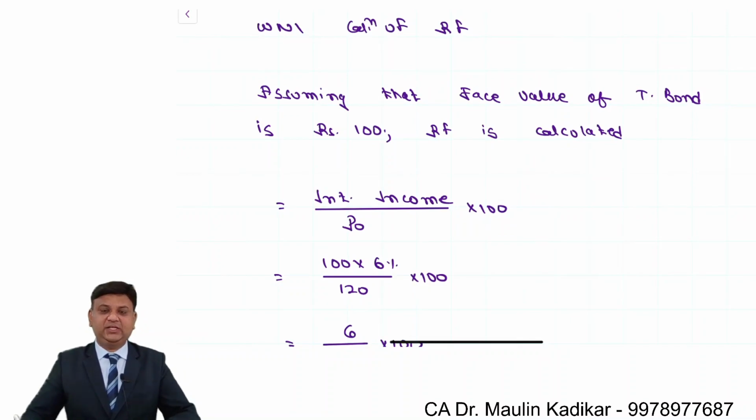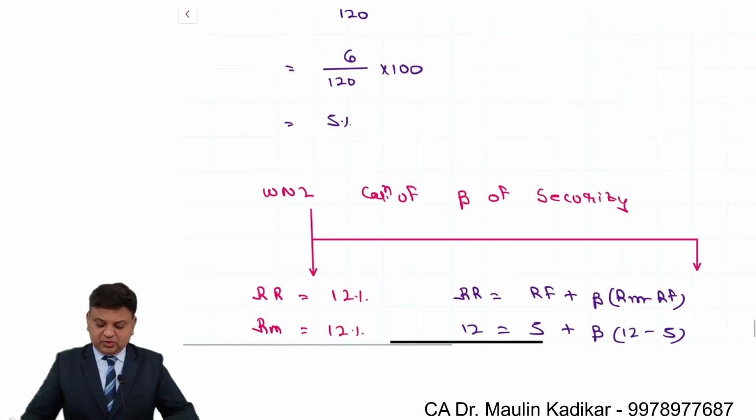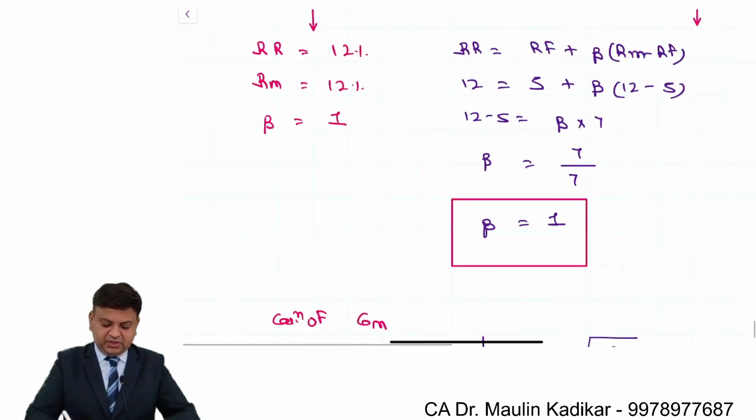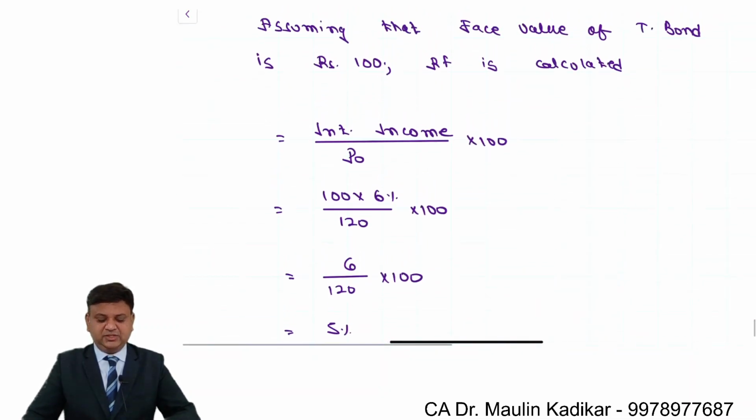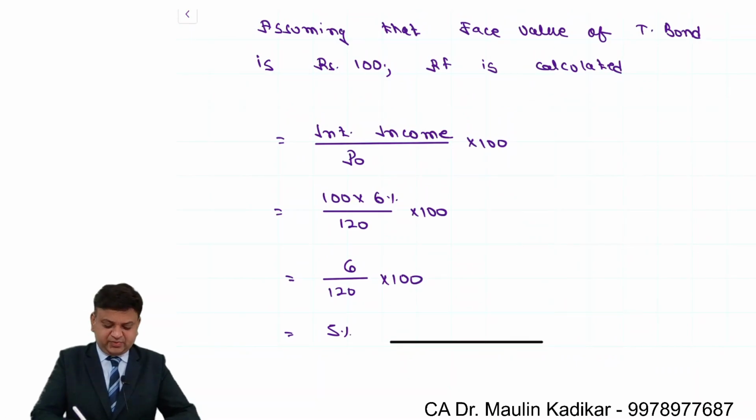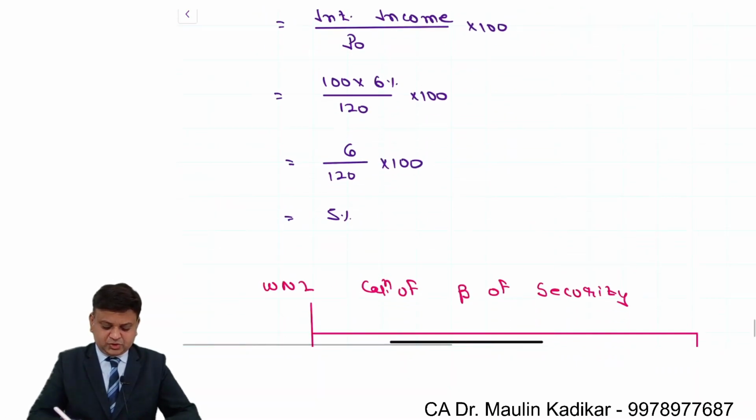Just summarizing the entire answer. First of all, RF is calculated. Dear students, why is RF calculated? Because in this equation RF would be required. Otherwise, we cannot calculate the answer. Generally, we assume that the face value of the security is 100. So the risk-free rate of return is 5%.